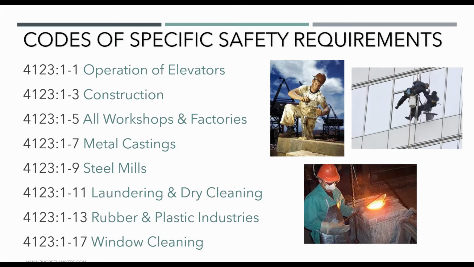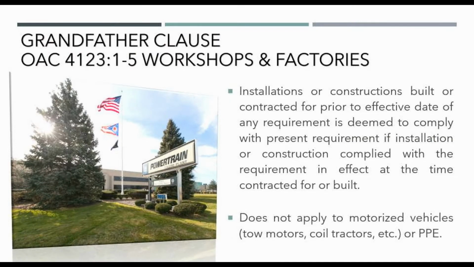And if there is not a specific requirement in the construction code or in the steel mill code, an employer still may be liable for a violation under workshops and factories, the general code, if in fact it applies to the particular situation, and if in fact there is not a provision in the specific code for steel mills that would apply. So we have a number of codes, and all codes have a number of chapters containing specific safety requirements.